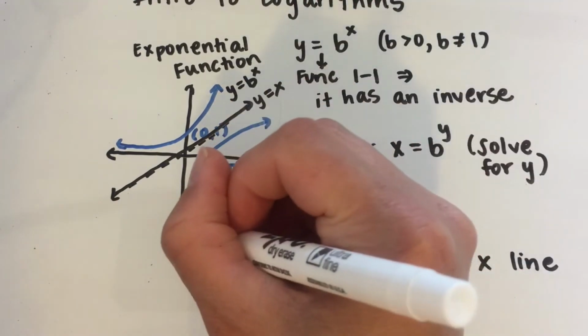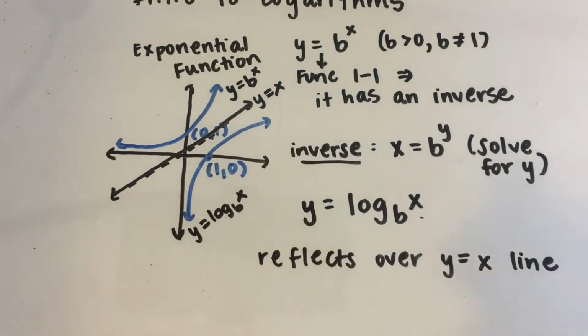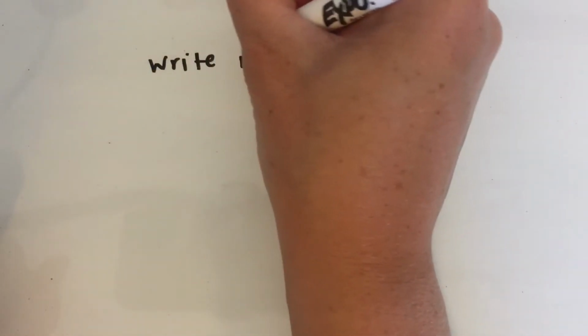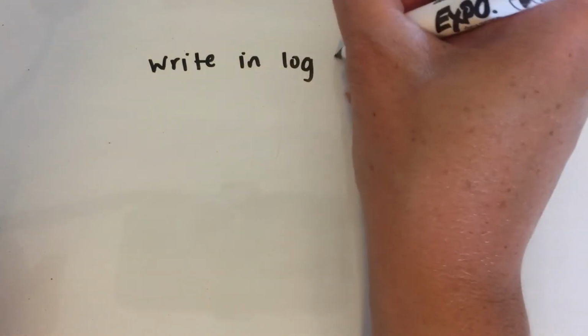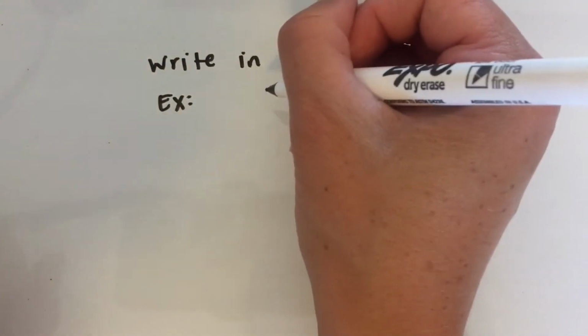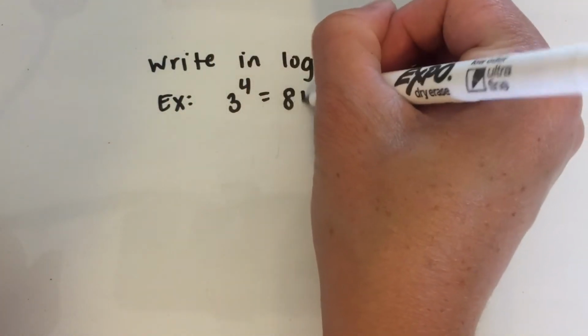So for these functions, we're just going to be rearranging where the b is based on whether it's a logarithm function or an exponential. So the first question asks to write in log form when we start off with exponential form. So I have 3 to the 4th equals 81.